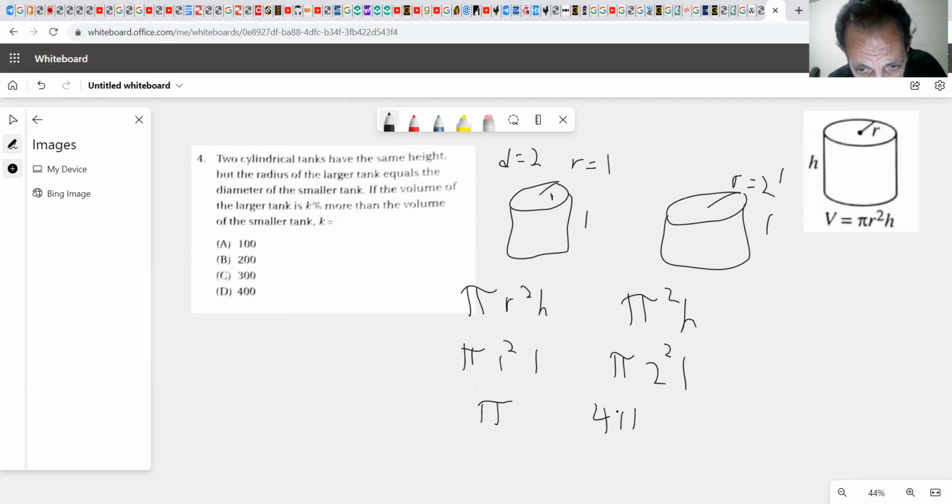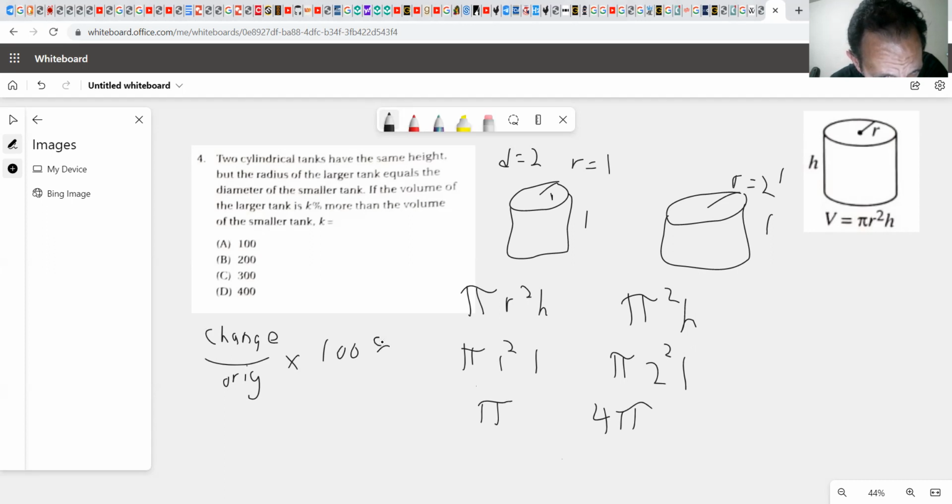The one thing about a percent is that when you want to figure out the percent change, the formula is change over original, times 100%.